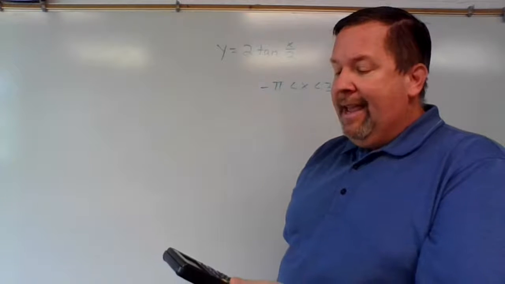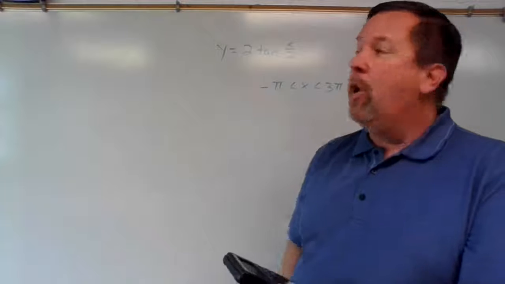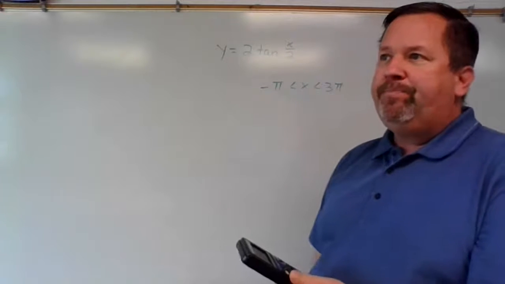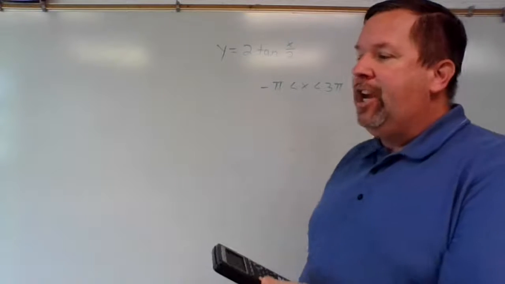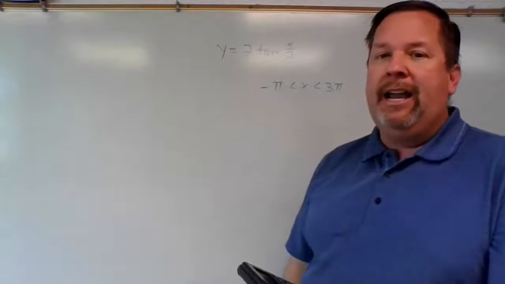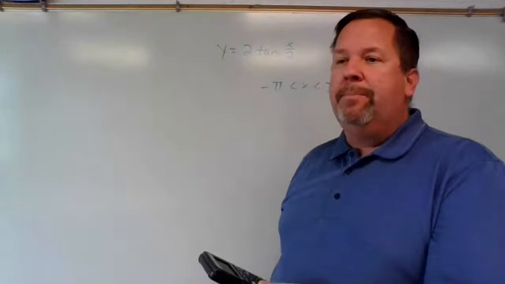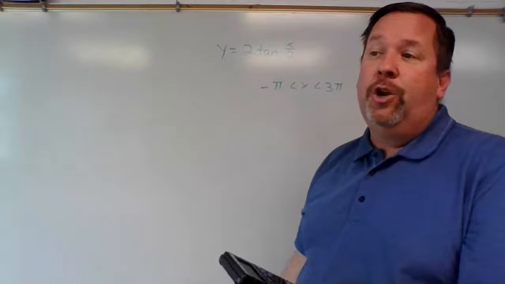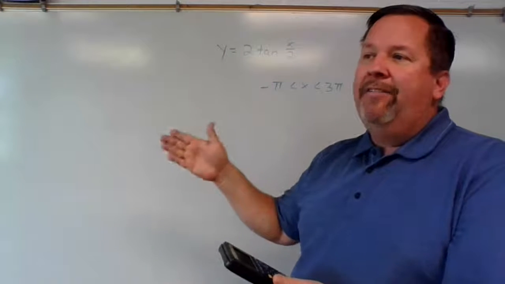And then for the scale, the reason I was going through the B value and showing you that the new period changes from pi to 2 pi is that for the scale, those increments, those jumps, we might want to put in pi over 2. We might want to cut that in half or in fourths.